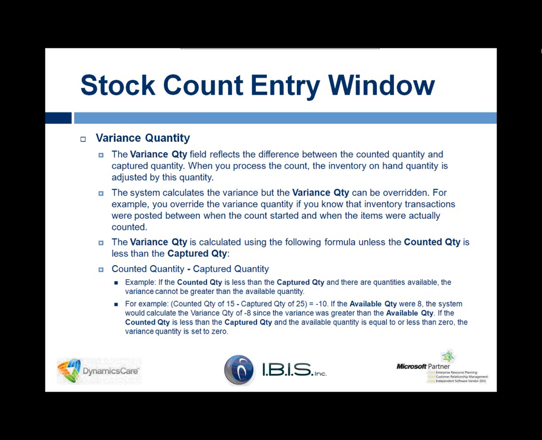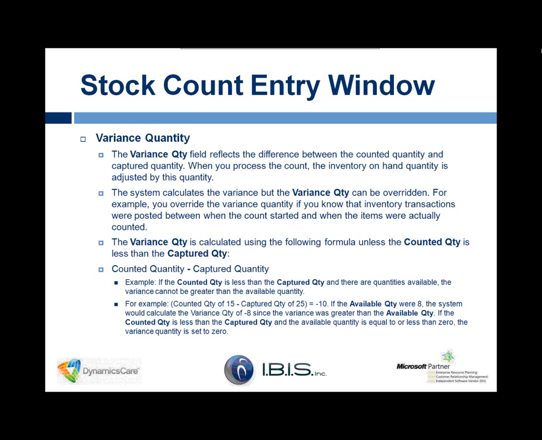But if my available quantity is equal to 8, the system will only post a variance of minus 8. Simple reason: the system under normal circumstances does not want to drive the available quantity negative. So it's only going to reduce the available quantity by the amount that's present.